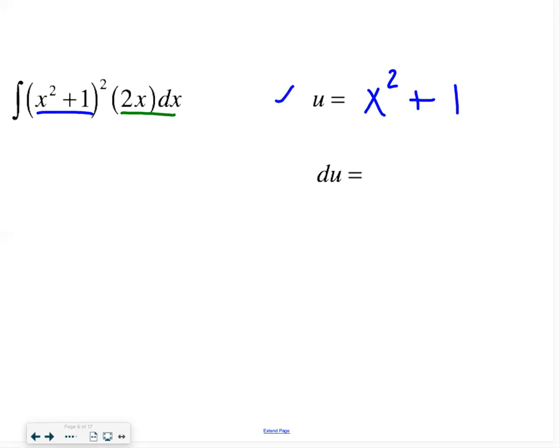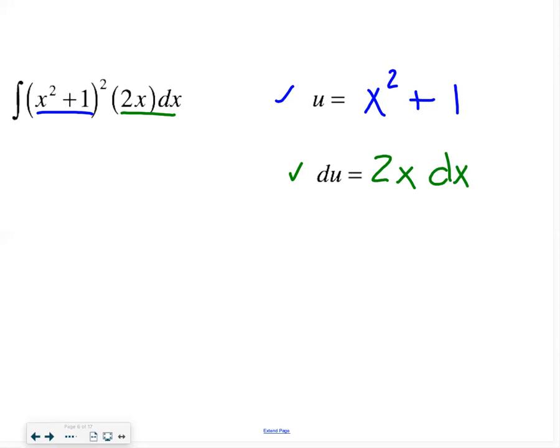Our u accounts for our blue, our du is going to account for our 2x, because if I take the derivative of u, which is du, the derivative of x squared becomes 2x, with respect to x after it. So the derivative becomes 2x dx.